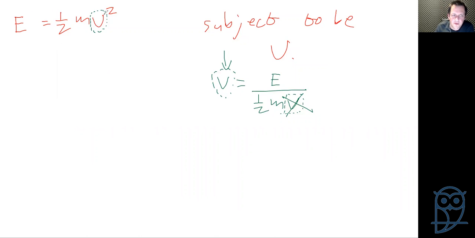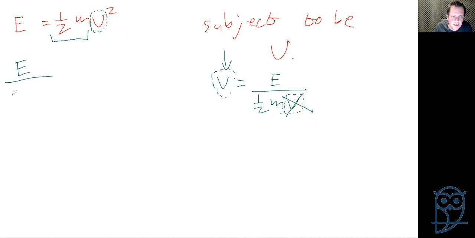All right, so this is one term. So there's nothing to add or subtract to either side, which means we're now going to have to multiply or divide. So this half m is like a coefficient of v squared. So we can divide the half m to the other side.